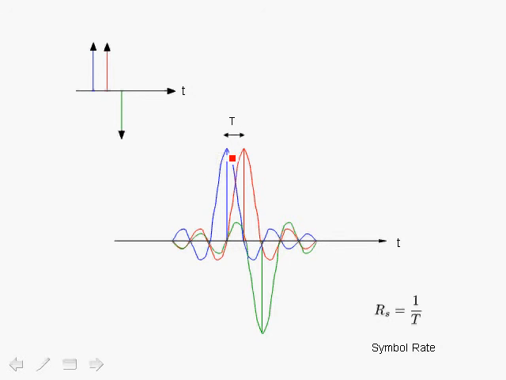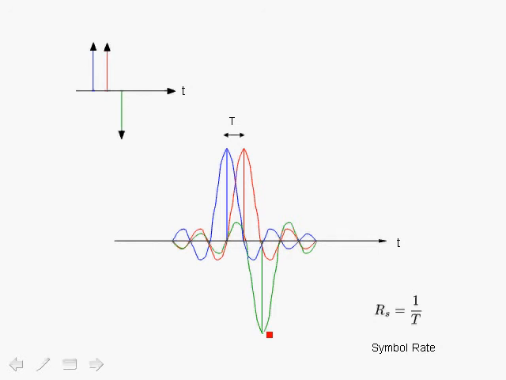And notice that because of the property of the sinc function, if the impulse following the first impulse is spaced exactly T seconds later, then the peak of the second impulse response corresponds to the case where the first impulse response goes through zero. So we have zero intersymbol interference at this point.